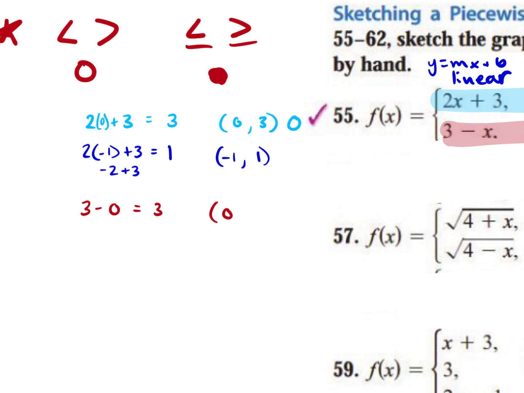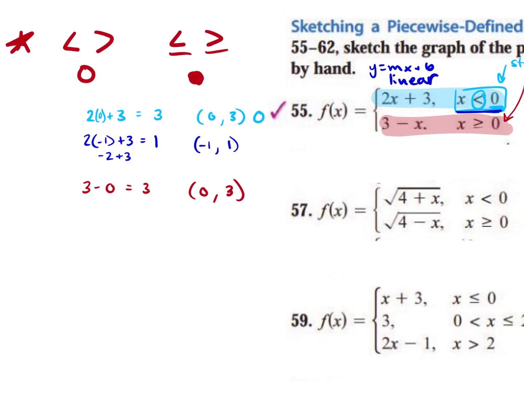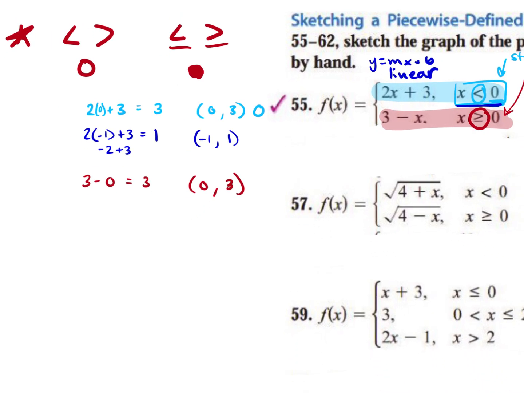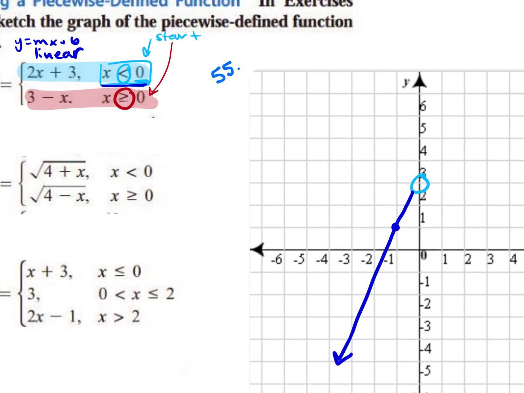So I plugged in 0 and got 3. At this point, is it an open or closed circle? Closed, because we have a greater than or equal to. That equal to makes it a closed circle. So at my starting point, I put a closed circle. So we stay at 0, go up 3, put a closed circle. It overlaps with the other open point that we have, but that's fine. We're just going to put it right on top.